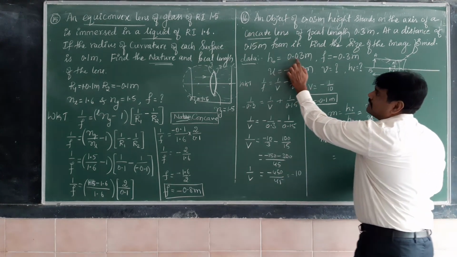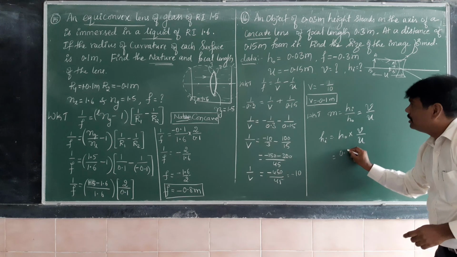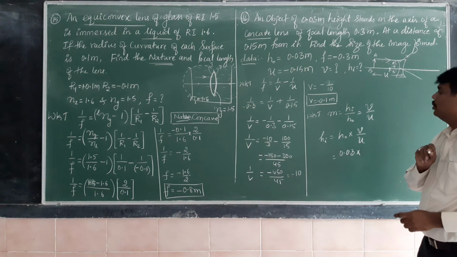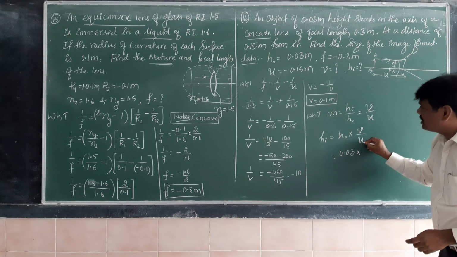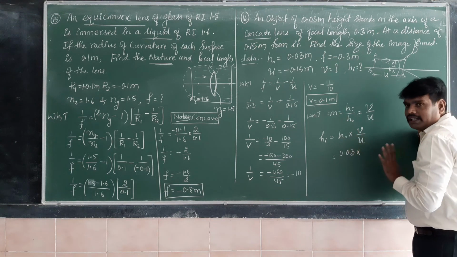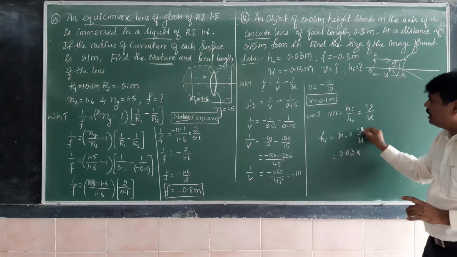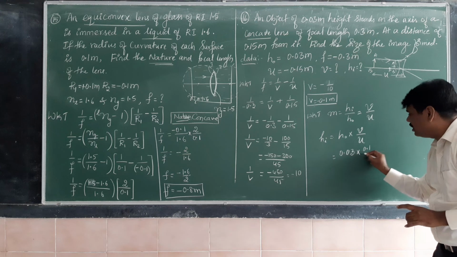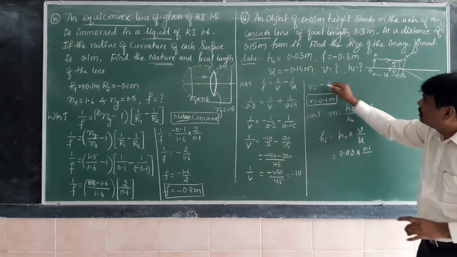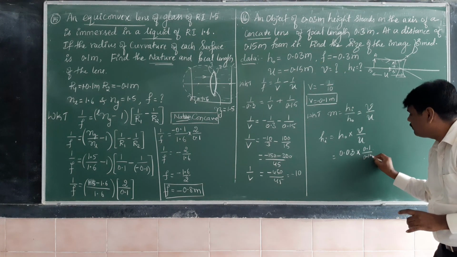So what is the height of the image? They have given 0.03, times image distance over object distance. Both image distance and object distance are negative, so the negatives cancel. Directly I will take the value: V is equal to 0.1, U is equal to 0.15.